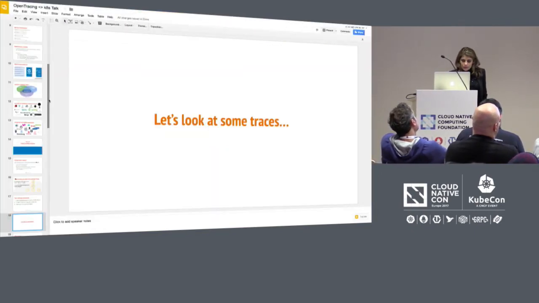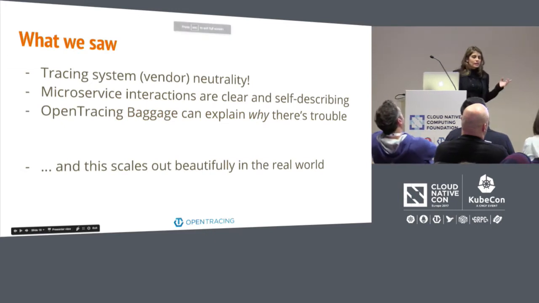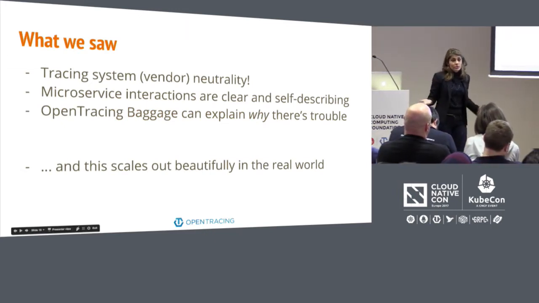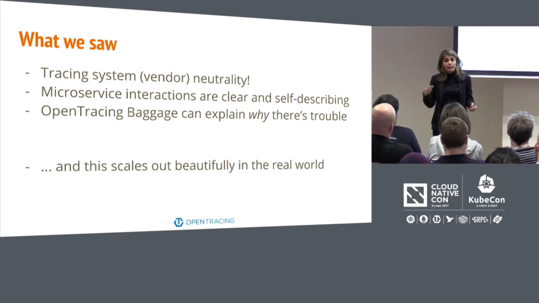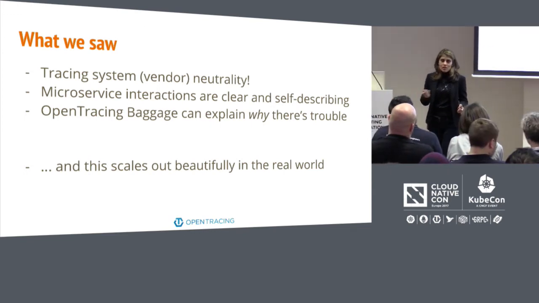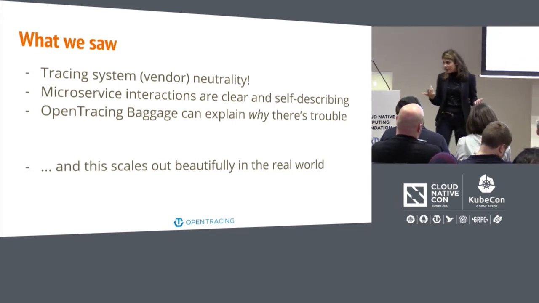So, all right, let's go back to the presentation. What we saw here with OpenTracing was vendor neutrality, right? You saw traces at exactly the same time for exactly the same thing in both LightStep and Zipkin. The view is different, but that's a UI thing, not a vendor neutrality thing.